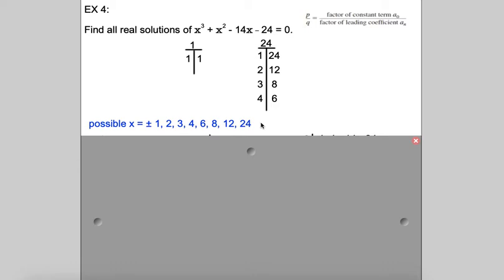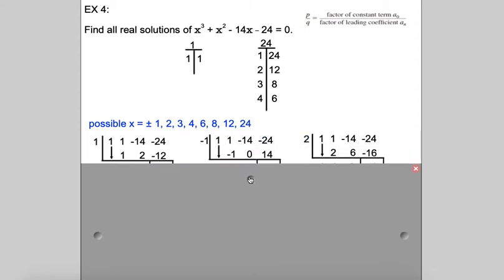Now, the theorem states basically, if you do that and then you divide, we should get a remainder of 0 if it's an answer to the problem. So in order to deal with that, what we're going to have to literally do is pick one of these numbers at random. I kind of start here at 1 and then try -1 and then try 2 and -2. I do them systematically, but our goal is to get a remainder of 0.